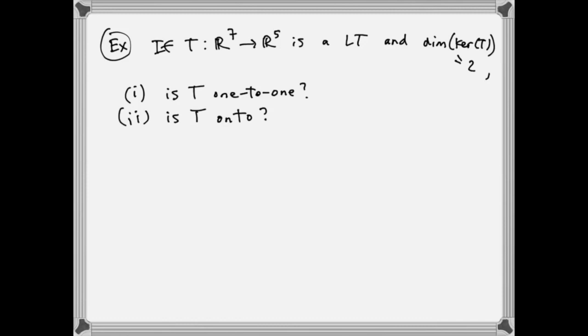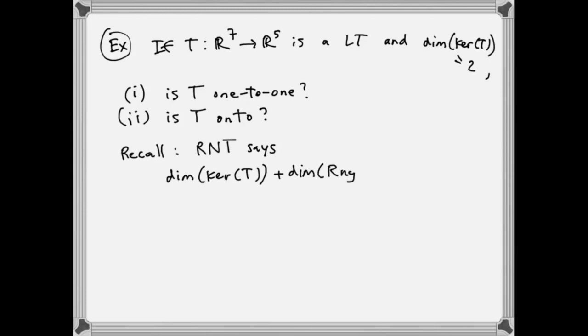Now, what's nice about this is we can actually use the rank nullity theorem to answer this question. So recall the rank nullity theorem. The rank nullity theorem says that the dimension of the kernel of T plus the dimension of the range of T is equal to the dimension of V. So what are all of these things?